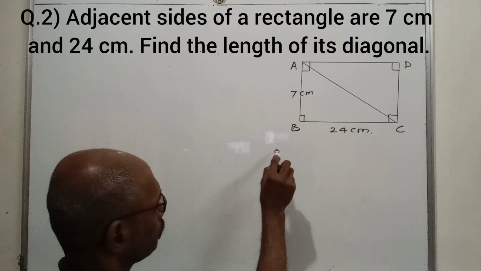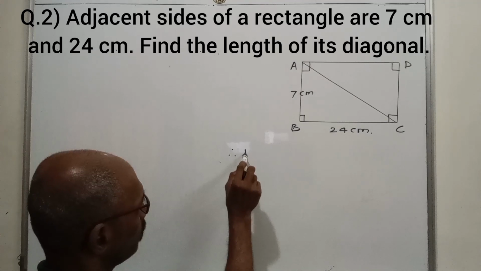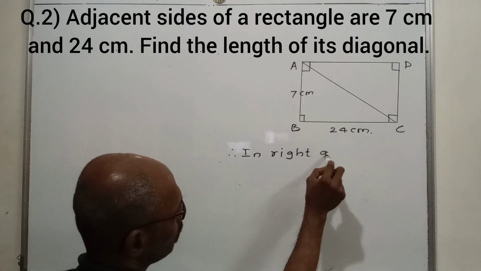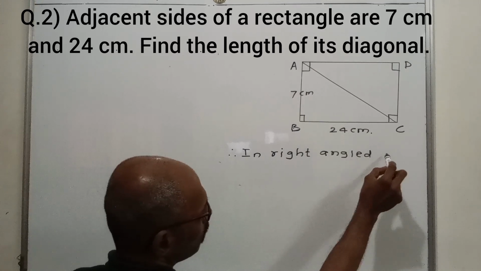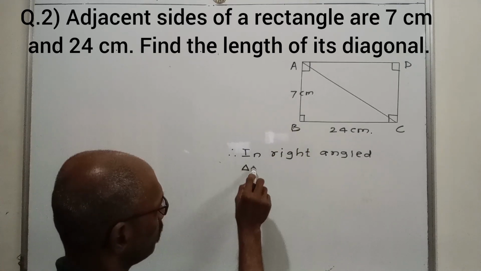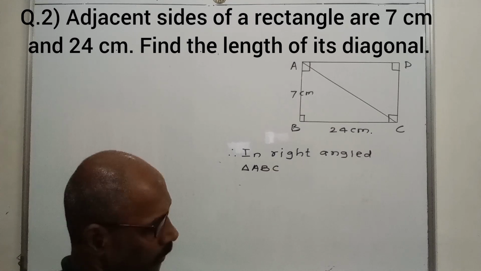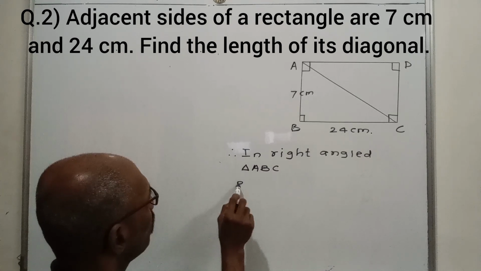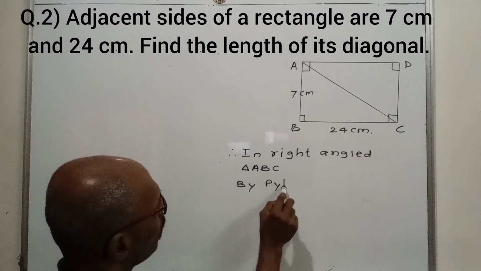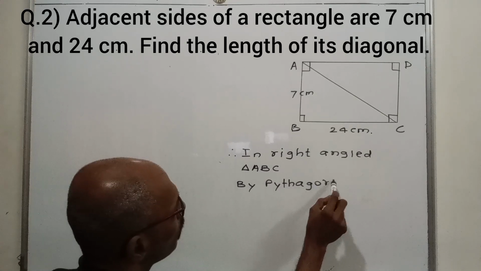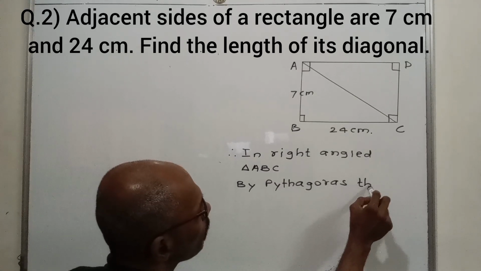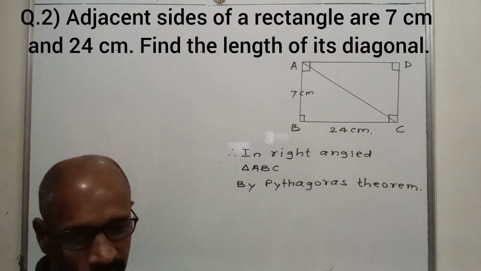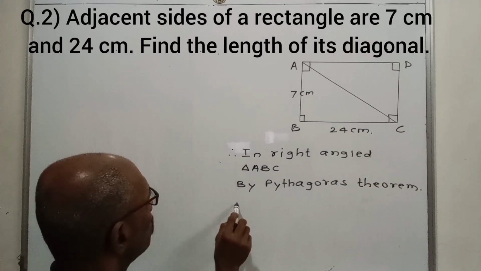Therefore in right angled triangle ABC, by Pythagoras theorem, we apply Pythagoras theorem in right angle triangle ABC.